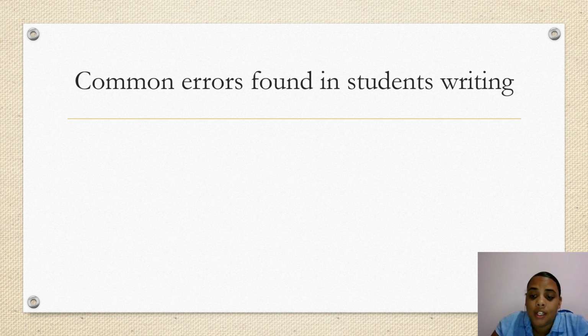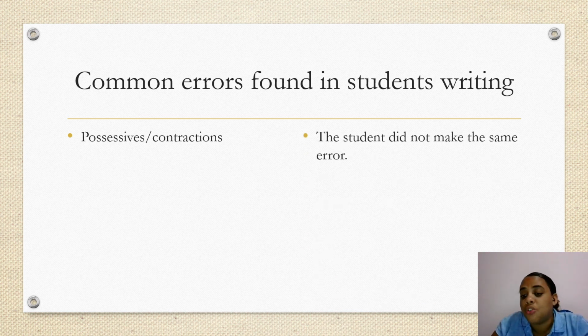in the write-up assignments, Joyce provided a sample of 3 common errors found in his students' writing. The first error he found in his students' writing was the misuse of the apostrophe, in possessives and contractions specifically.